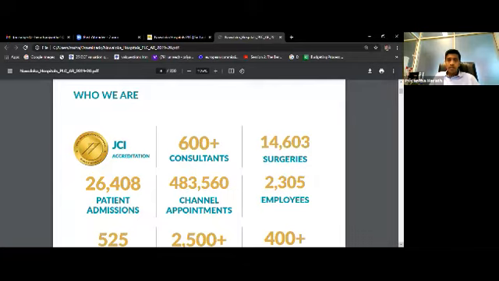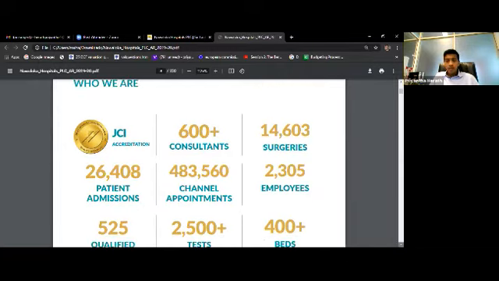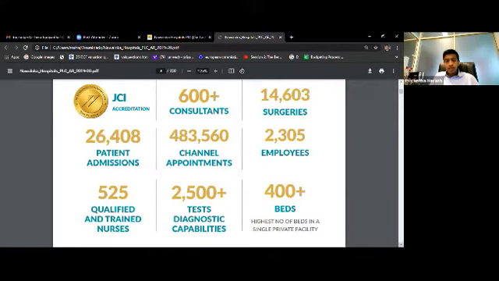They say 600 plus consultants, 14,600 surgeries, 26,400 patient admissions, 483,000 channeling appointments, 2,300 employees, 400 plus beds, 2,500 plus tests and diagnostic capabilities, and 525 nursing staff. So from this page, you can understand the size of the organization.